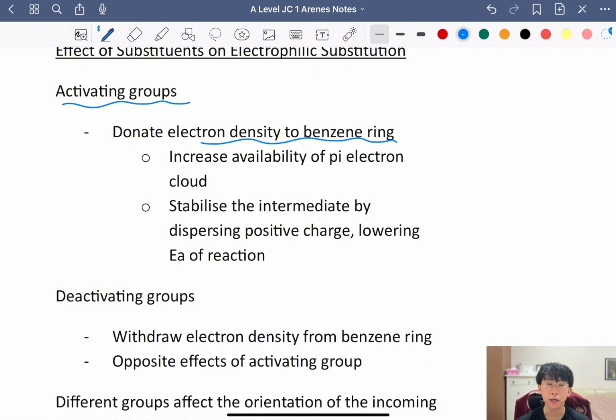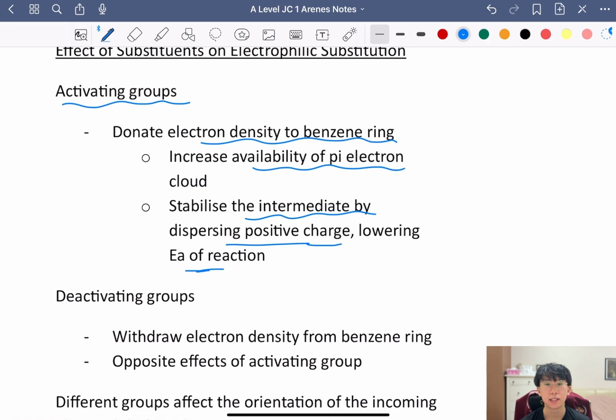It's like putting your hand in a jar of honey and waving it in front of a beehive. The bees are definitely going to come and get it. So because we donate the electron density to the benzene ring, you're going to increase the availability of the pi electron cloud. And you also stabilize the intermediate by dispersing the positive charge, lowering the activation energy of the reaction.